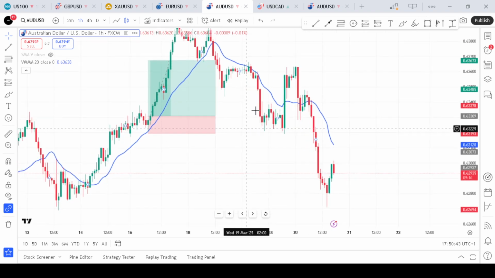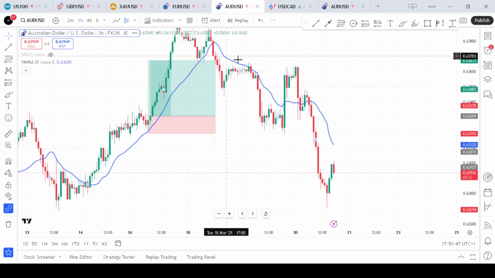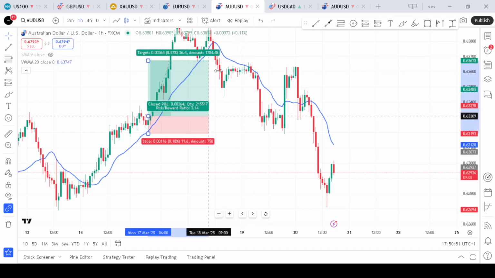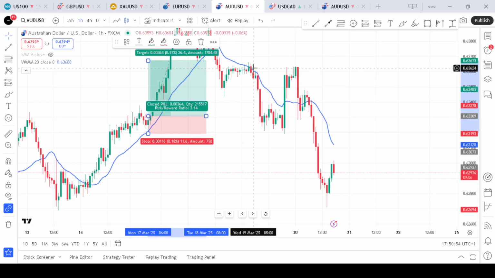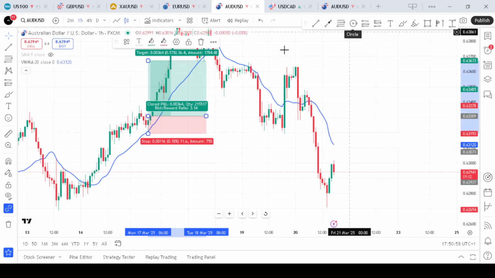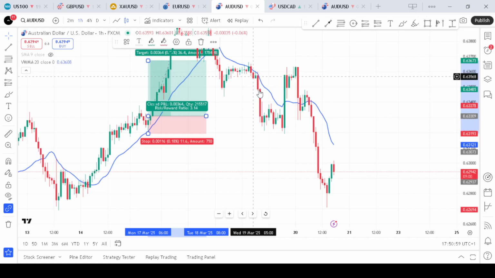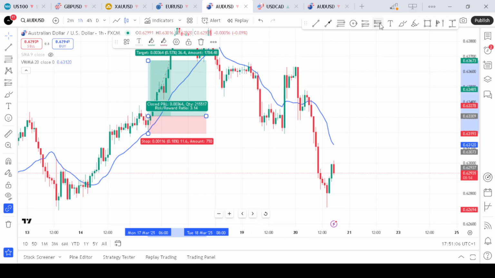Now for a selling opportunity, price is constantly below our VWMA indicator. The moment price came back to retest our VWMA, this would be a trigger when price forms a bearish engulfing pattern. This is a candlestick pattern that signals a bearish reversal.